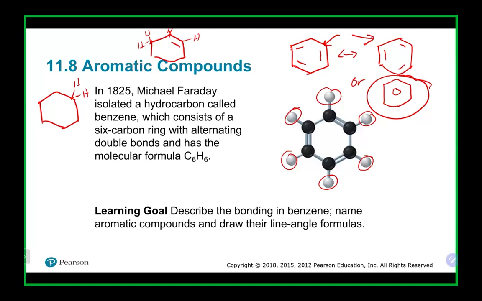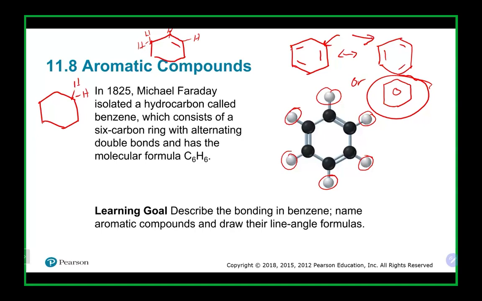Now, sometimes, as we will see, the hydrogens are substituted out for something else, like something else that we've seen, and it will have a different name or something like that. But the basis of the biggest part of it is that foundation of the 6 carbons arranged with the double bonds happening. So I won't say it will always necessarily have the 6 hydrogens because they can substitute out for some other things, but it definitely will have the 6 carbons and basically the 6 hydrogens if something's not substituted out.